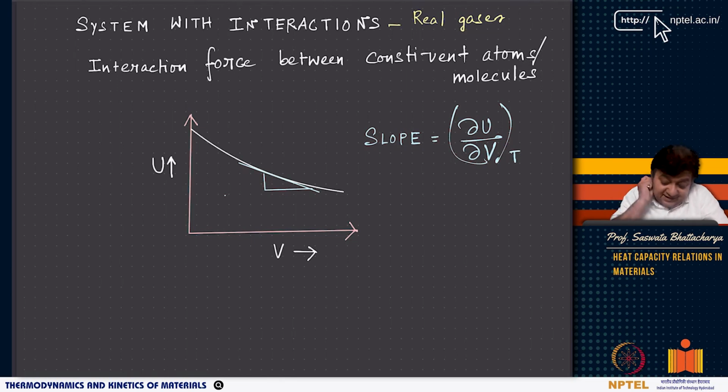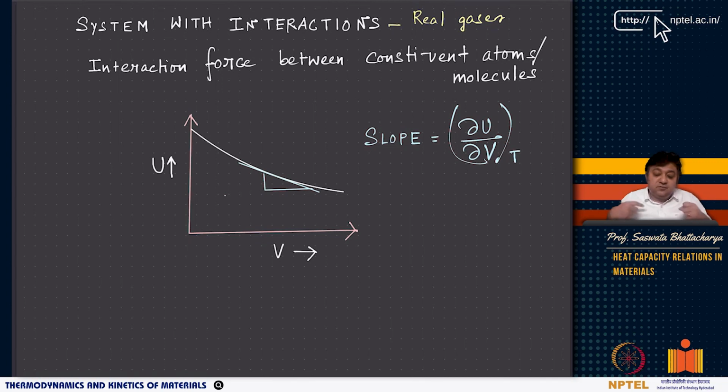In such a case, U is also a function of V. When you have no interactions, the change in internal energy is only because of changing temperature; change in volume or pressure does not affect it.